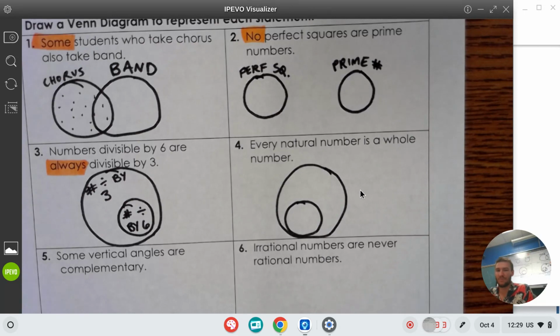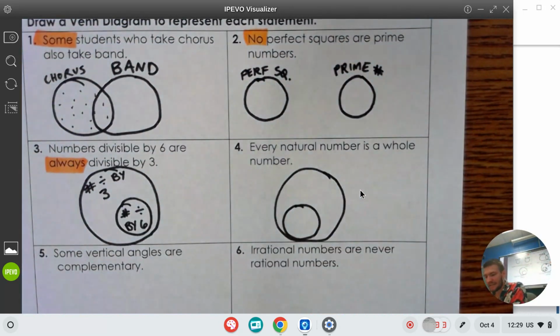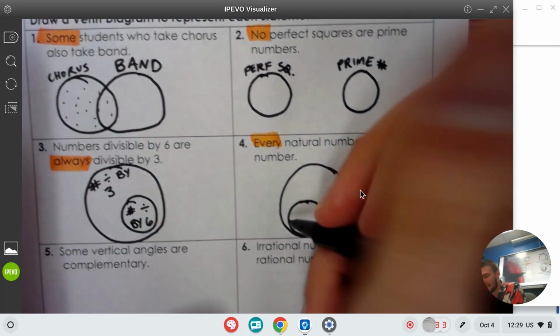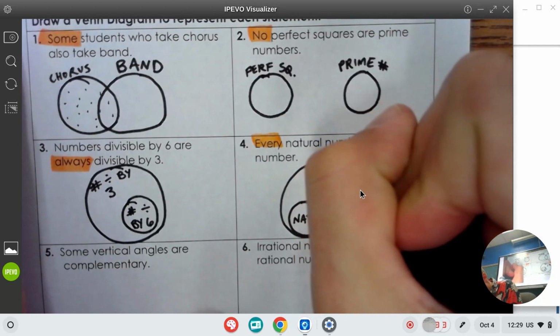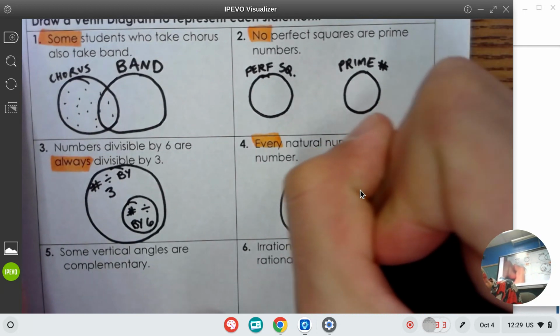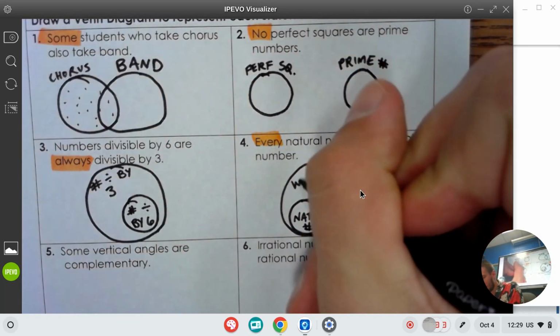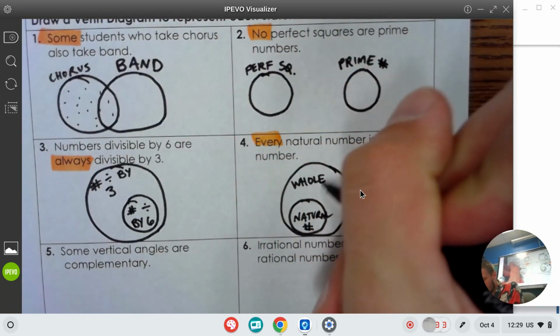Is that natural numbers or whole numbers? Every natural number, all of these natural numbers are all inside of the whole numbers.